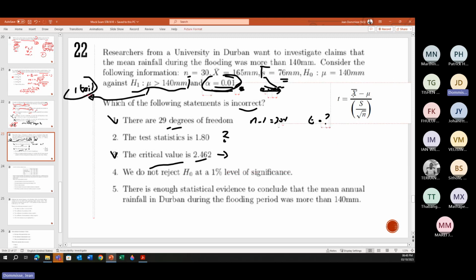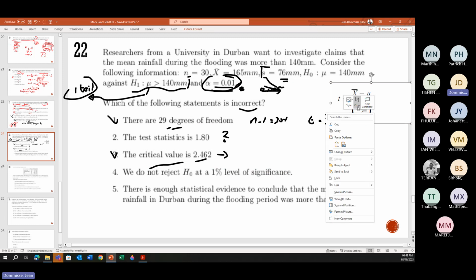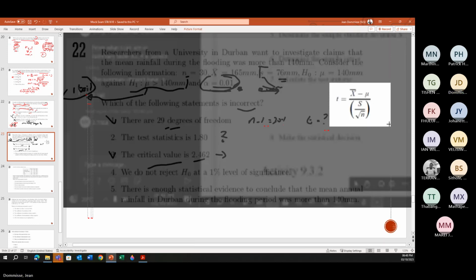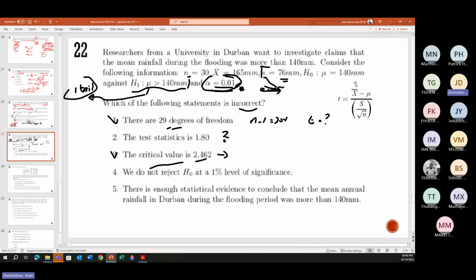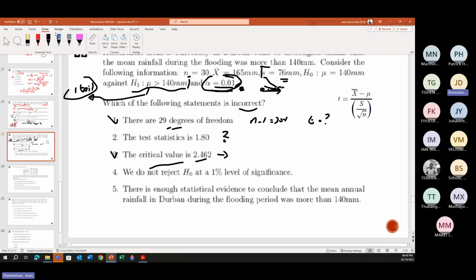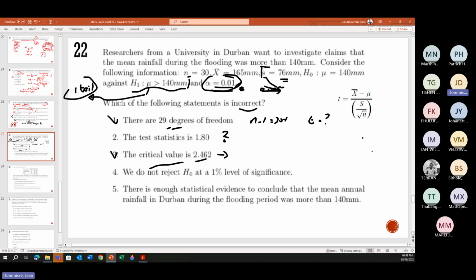So, okay, the formula is very similar to that of a Z. So we would still use nearly, and that's maybe why it doesn't seem so weird, the X, which is 165, minus the mean of 140, divided by, they've given us a sample standard deviation of 69, divided by the square root of n.